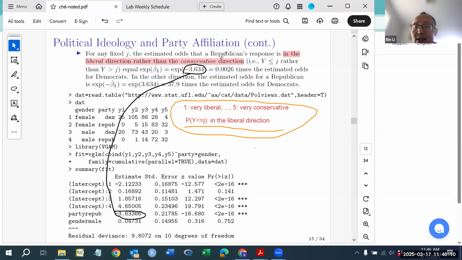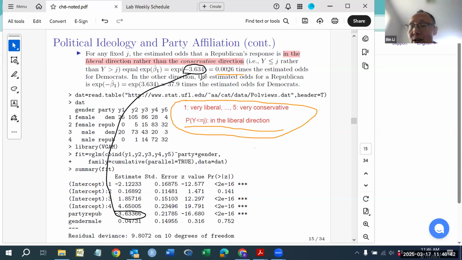So the estimated odds that a Republican responds in the liberal direction rather than the conservative direction is 0.0026 times. How do we get that? That's the exponential of this coefficient, right? The estimated odds for the Democrats. And that's obvious, right?